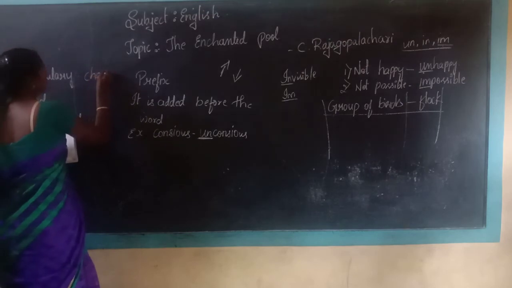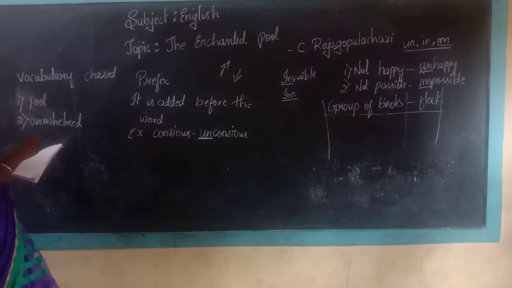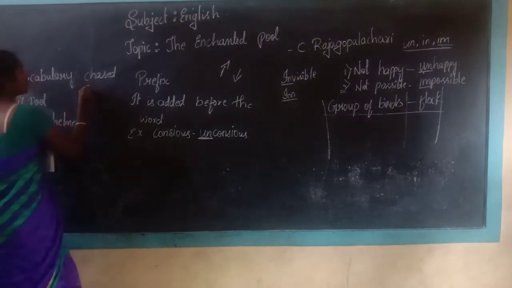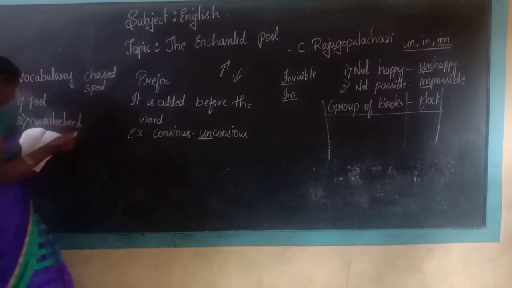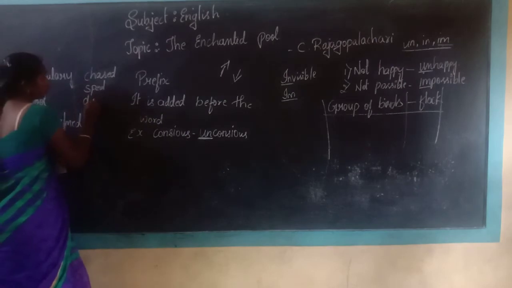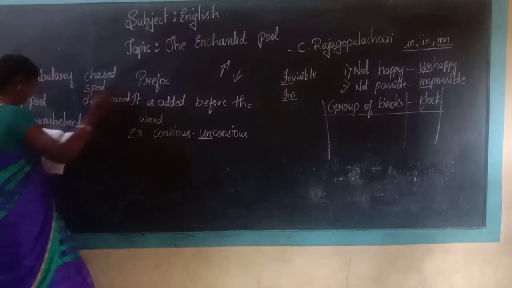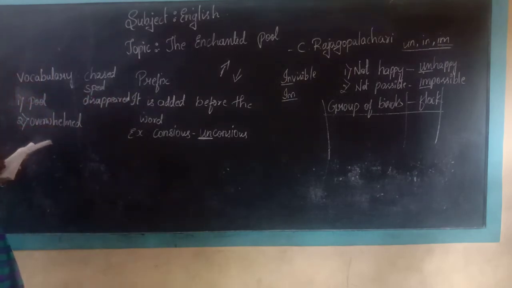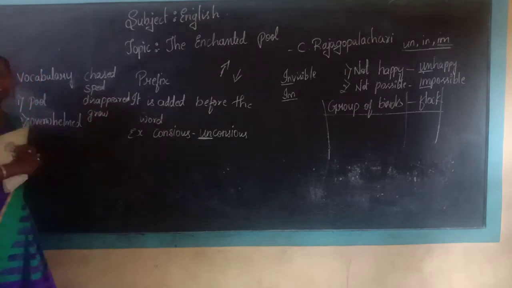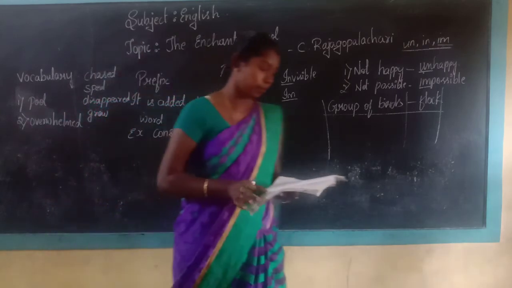So you have to write chase. Second one, but it was a magic deer which speed. That's not a speed, it sped. Next one, it's not a disappear, it's a disappeared. Next, that's not grow, you have to write grew. Okay, have you understood this one? So remaining you have to do it.